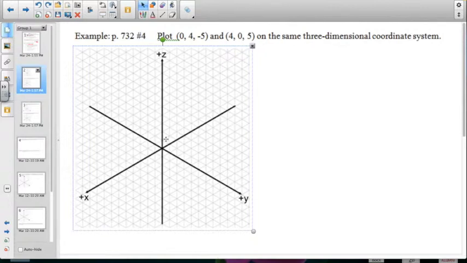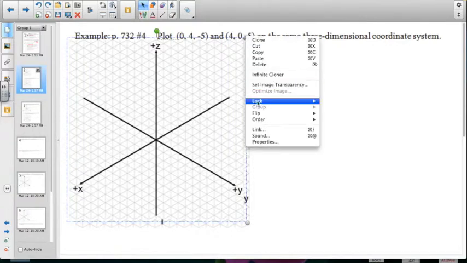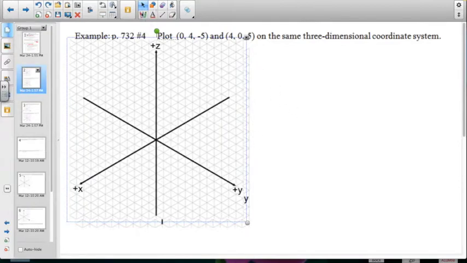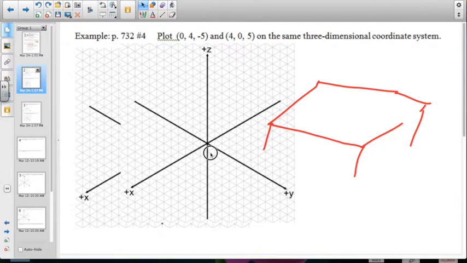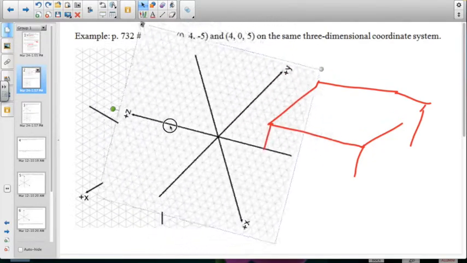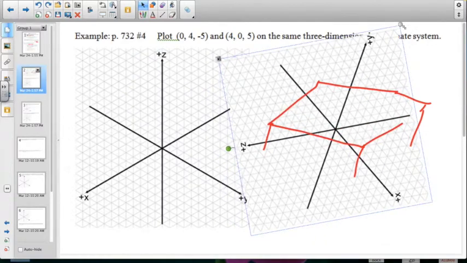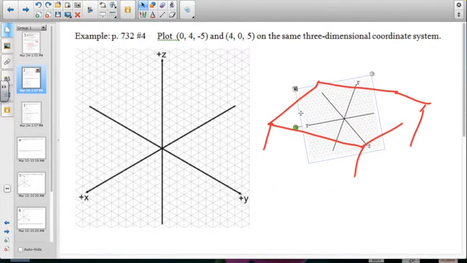We'll take this grid, copy it and paste it here. If we're talking about a tabletop, here's the desk you're sitting at. Then we would take this and spin it so that the y and the x-axis are laying down on your tabletop.